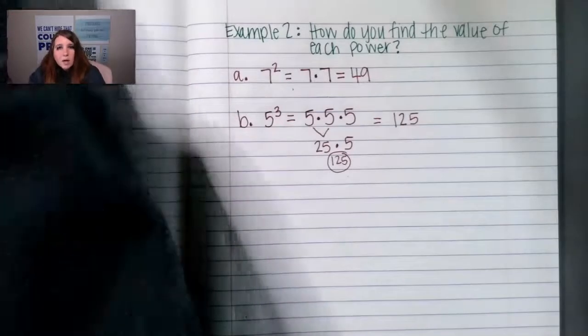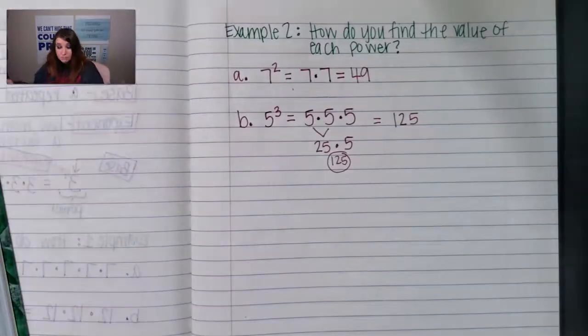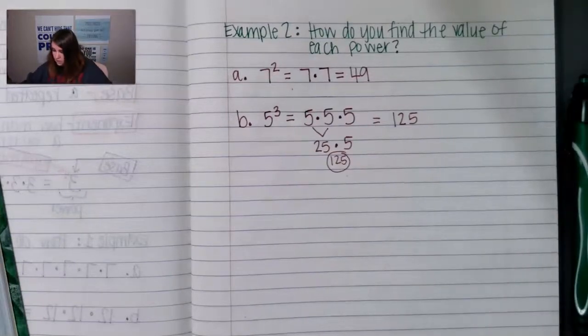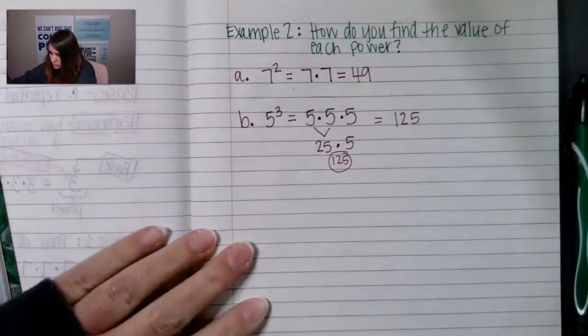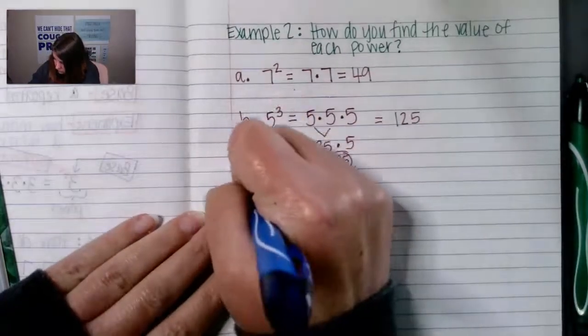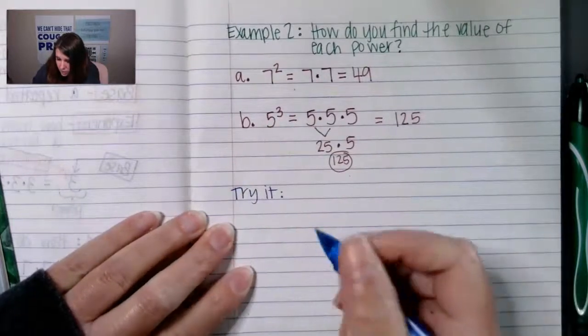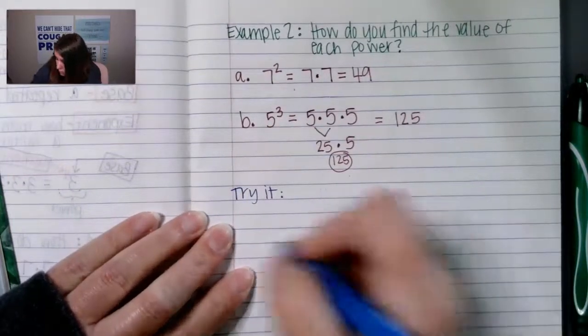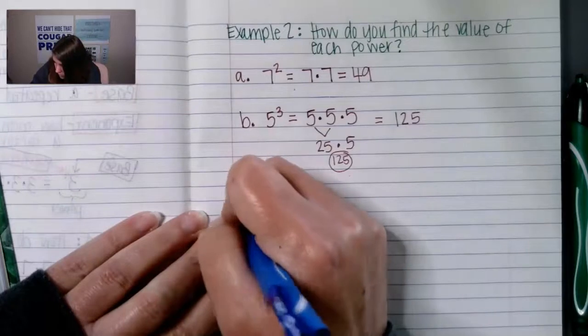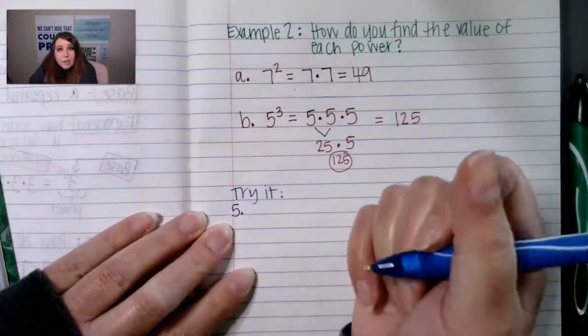All right, let's go ahead and talk about some try-its. Let's see where you're at with this. Our first try-it that I want you to accomplish is try-it number 5 if you are in your workbook, or on Big Ideas on the ebook.